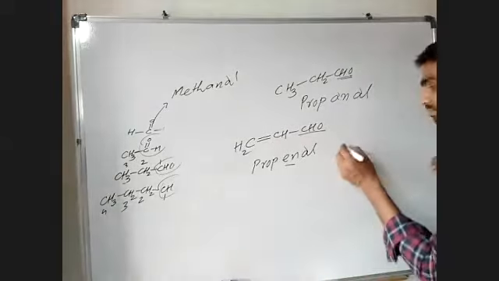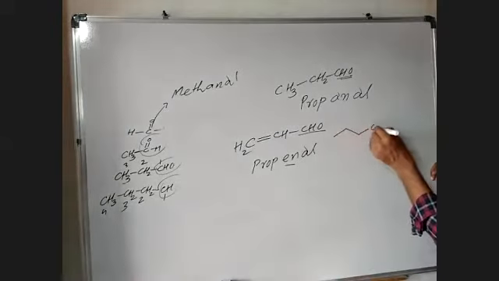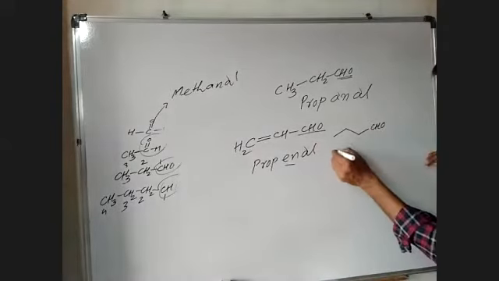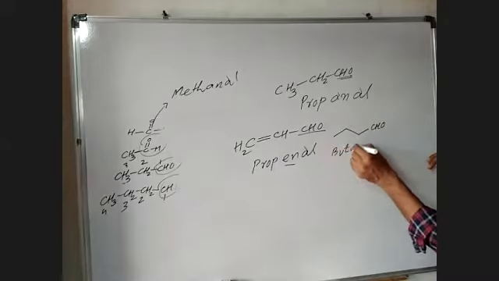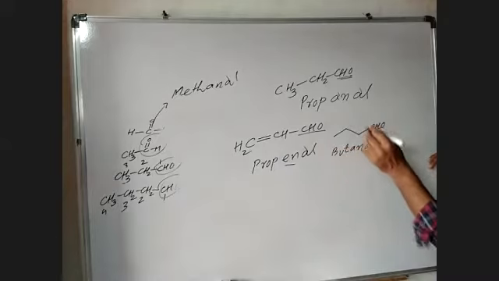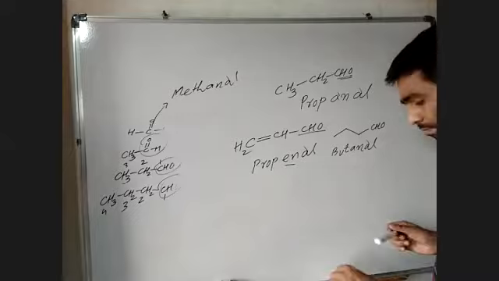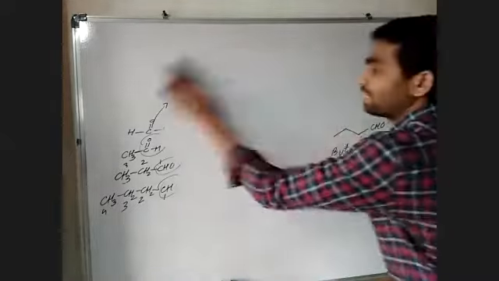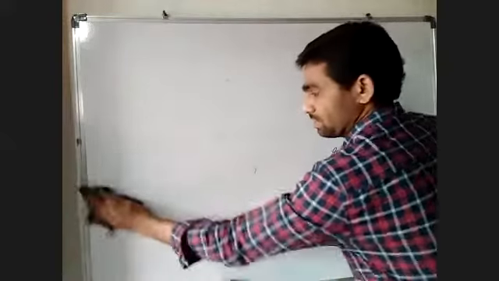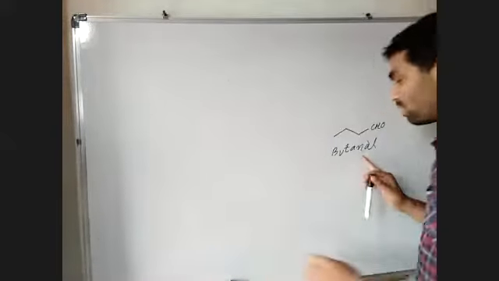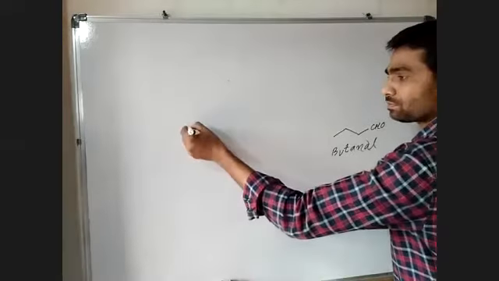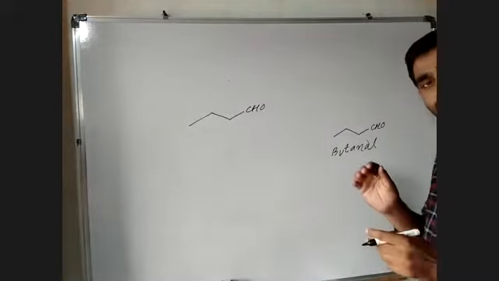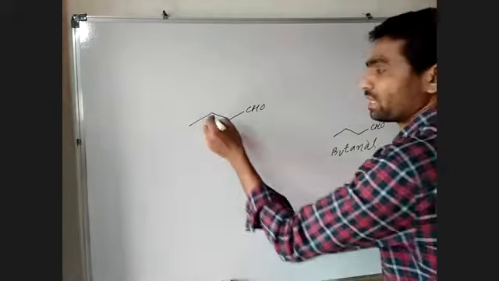Let us have this one. Same. Butanal. But what if I write the double bond? What name are you expecting for this? This is the butanal. I will write here. Let us create one double bond, suppose here.